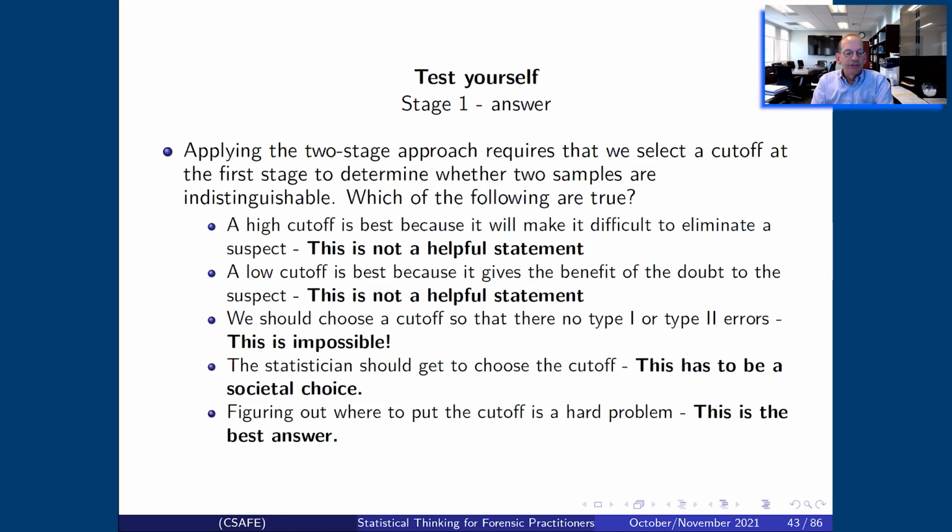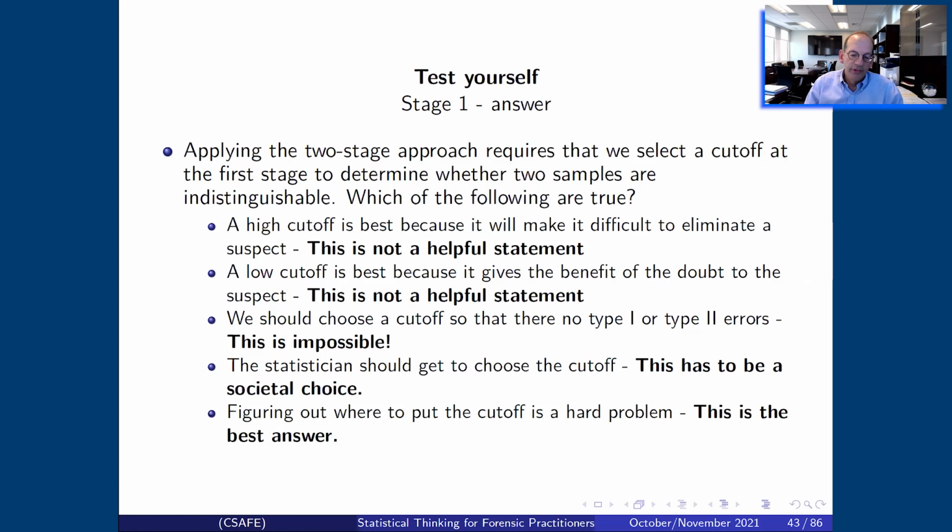Number 3, of course, would be perfect if only it could be done, but it's not generally possible to choose a cutoff so that there are no type 1 or type 2 errors unless you had two types of glass that were so far apart that they never overlapped or something like that. And as I mentioned earlier, society really needs to make the choice.